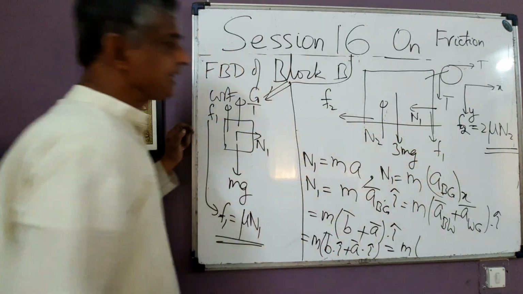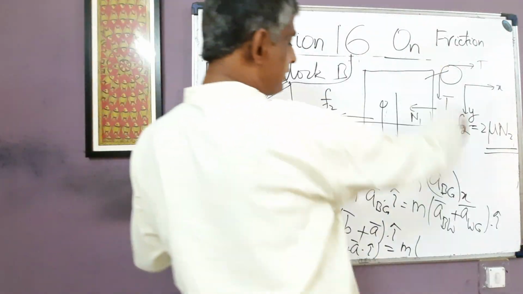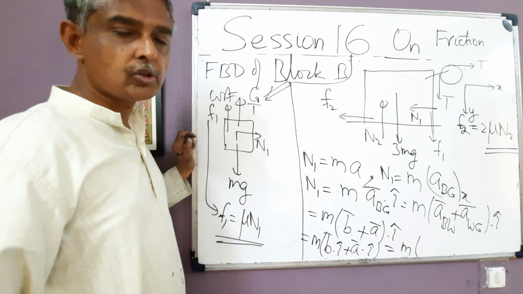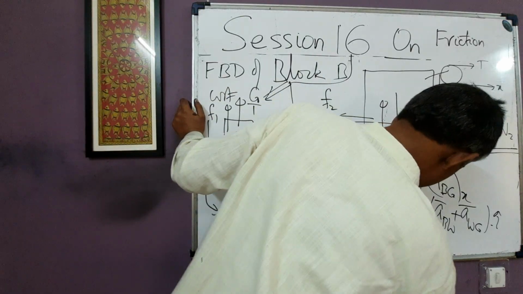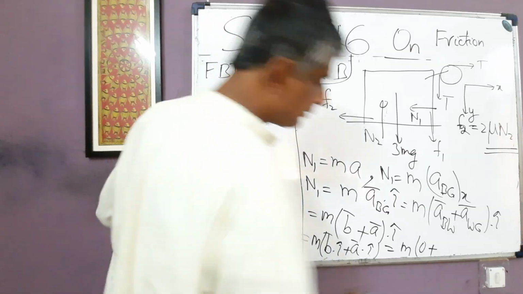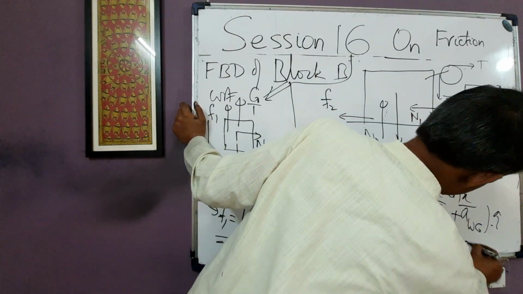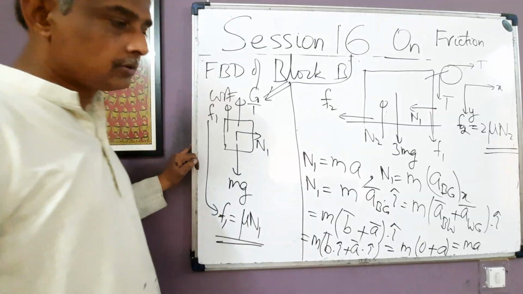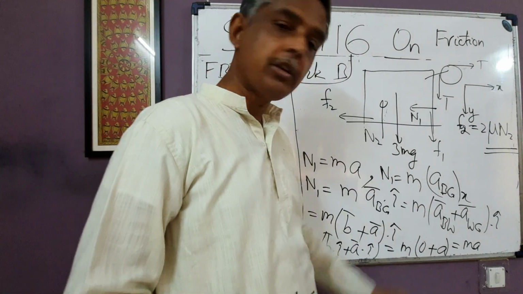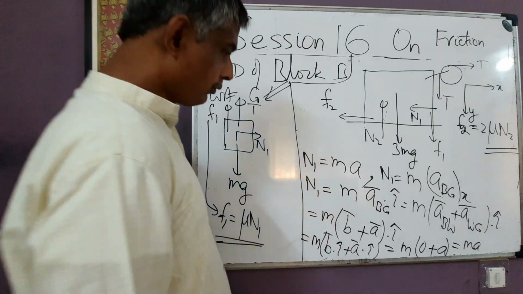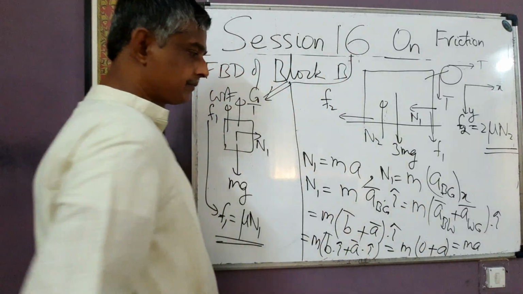Now what is B dot I hat? B is in downward direction, I hat is in rightward direction. Angle is 90 degrees between these two vectors, so the dot product becomes 0. A dot I is simply A into 1 into cos 0 degree, which is simply A. That is just MA, the same equation which we obtained directly also. In case you have any doubt, you can apply this method. So N1 equals MA.